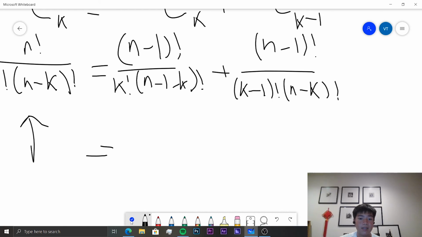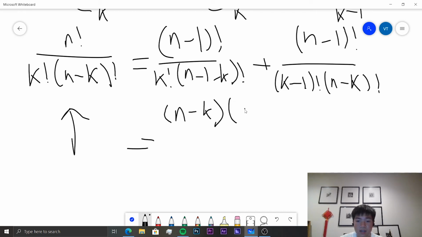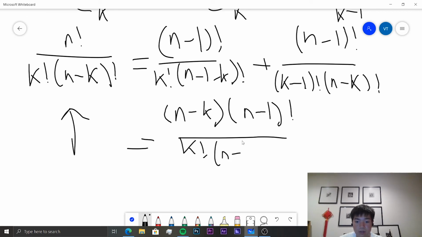So if we write this in the form k! (n minus k)!, this means that we would have to multiply the top part here by (n minus k) to make this k factorial (n minus k) factorial, since we multiplied the top and bottom by (n minus k).